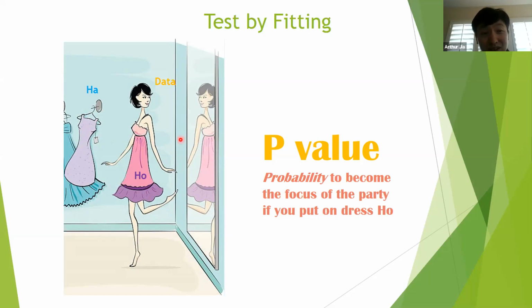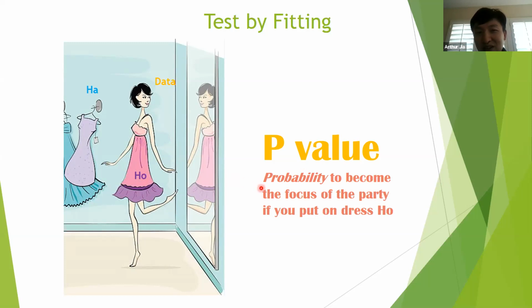Now, yourself is the data. Now you have two competing hypotheses. One is H0 and the other one is the alternative hypothesis. You cannot try both of them, so you just put the null hypothesis dress on yourself, to see if your data is fitting this null hypothesis. If the p-value is large, which means the p-value is what?